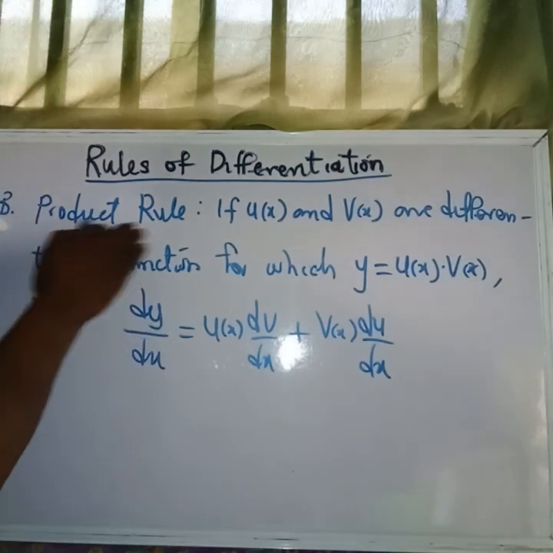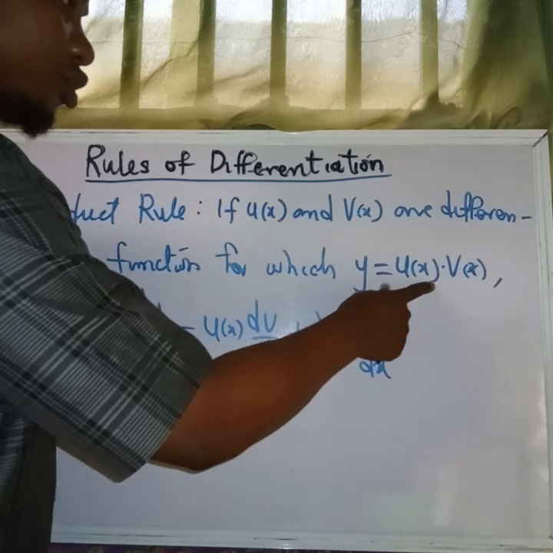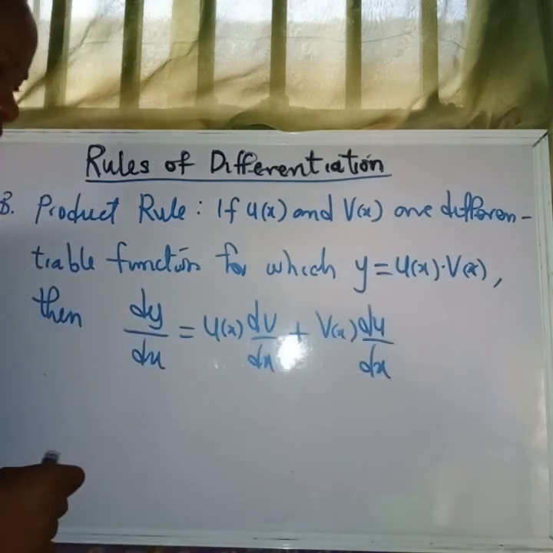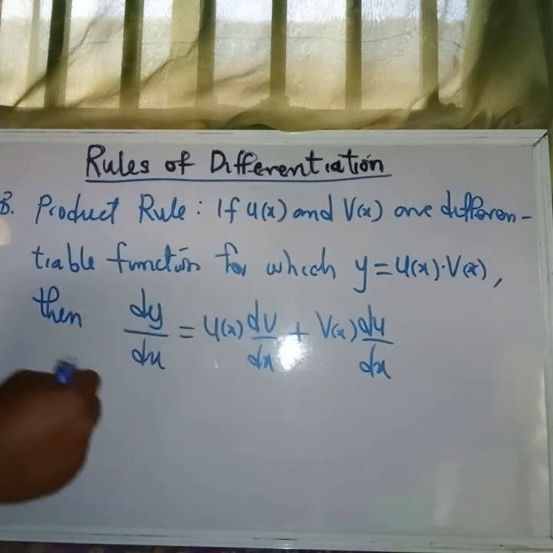This is the slope of the function where y is given by the product of two differentiable functions. So how do we get this? Let's quickly look at that.